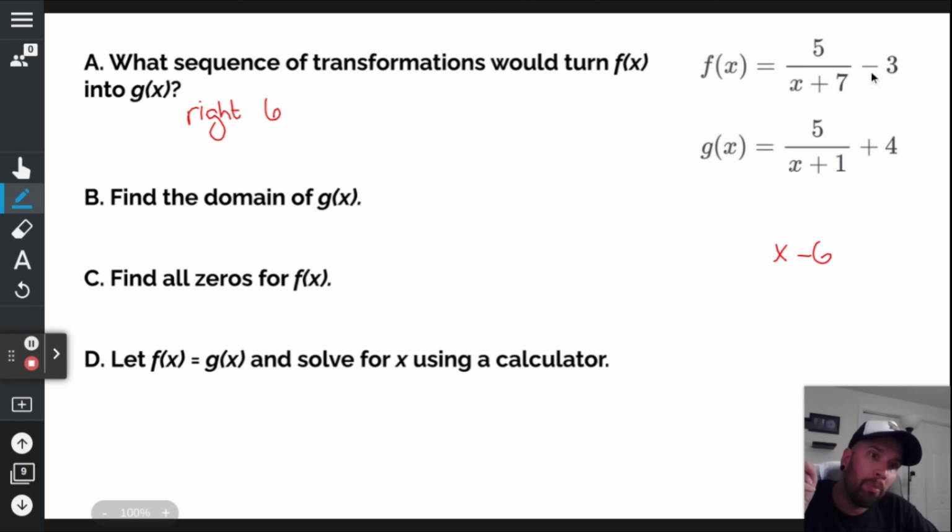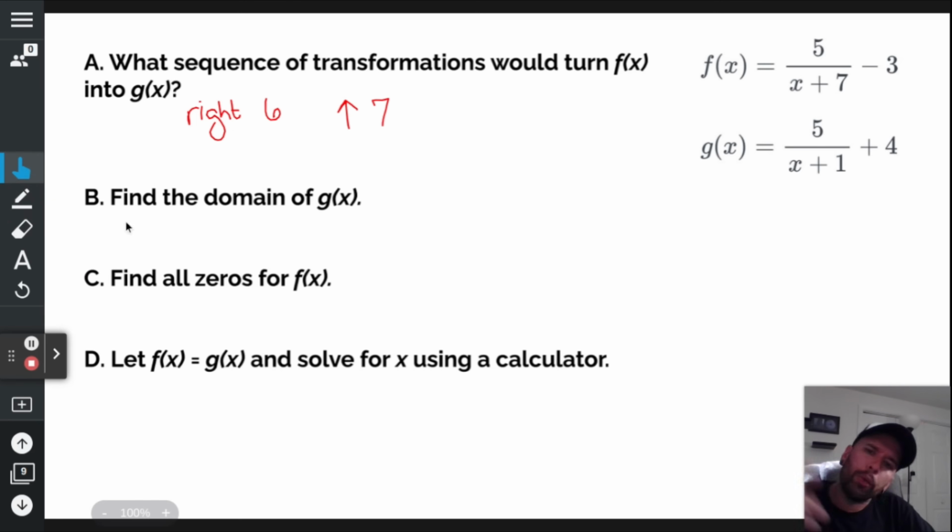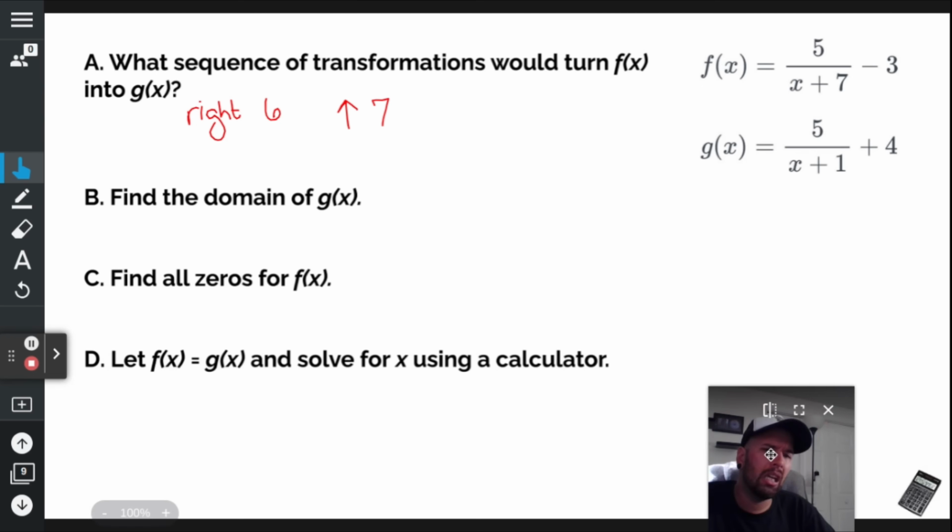I also go from -3 to 4, remember, when the number's off to the side and has nothing to do with x, so I'm going up 7, a vertical shift of 7. Not so bad. By the way, when I created these problems, I only wanted to use a calculator for this one. If this is a calculator section on an open-ended problem and you're allowed to use the calculator for this whole thing, graph that and see what happens.